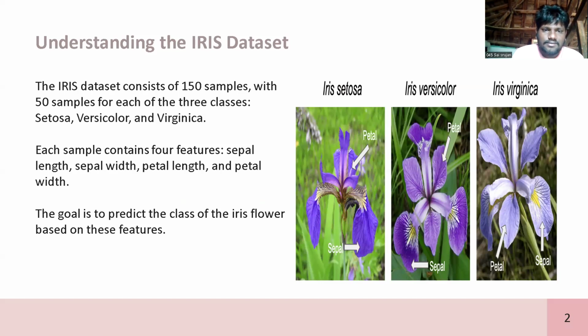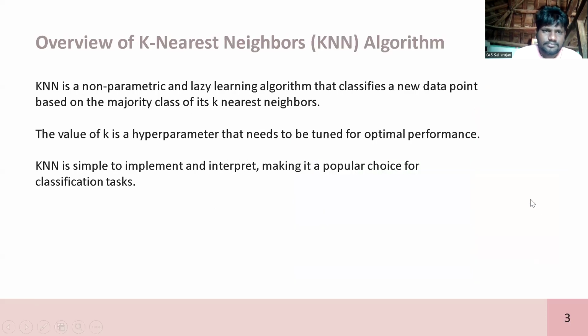Each sample contains four features: sepal length, sepal width, petal length, and petal width. Its goal is to predict the flower based on these features. Based on these four features, we are predicting what type of flower it is.